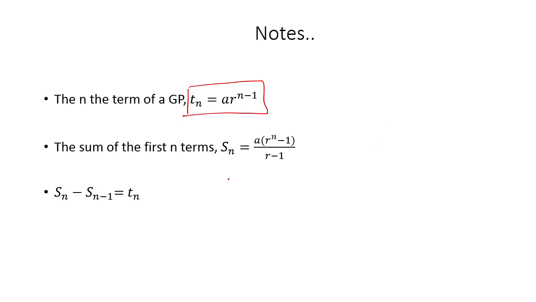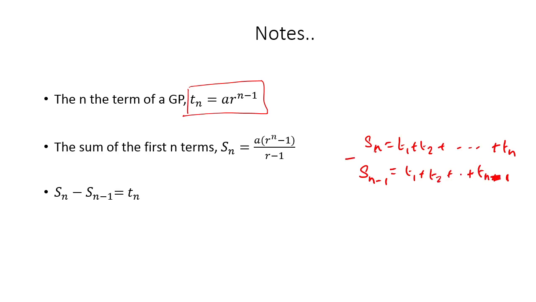That's because this is something that we already verified earlier. When we say Sn, we consider the sum till the nth term. So if I say Sn minus 1, we are considering the sum till the n minus 1th term.